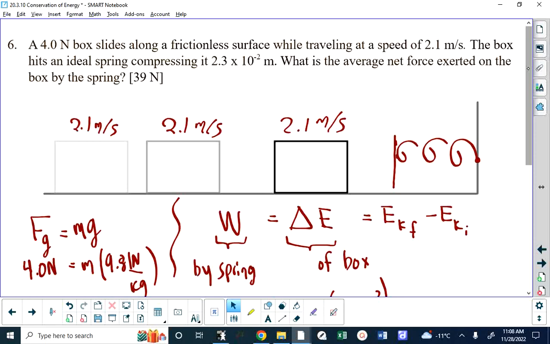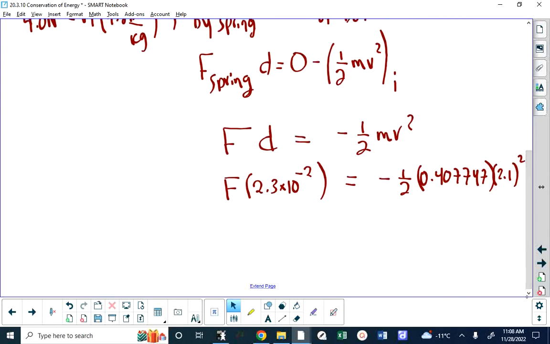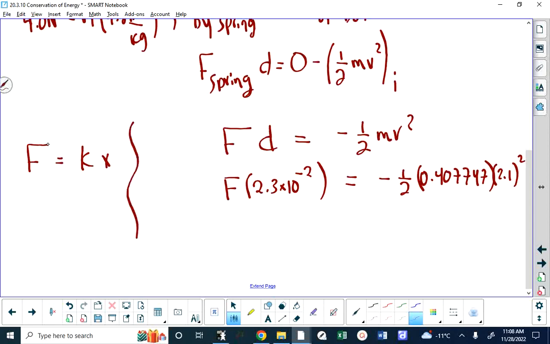If you wanted to find the spring constant, one of the ways you could do it, and that's actually what I thought we were going to be doing, would be to take F equals kx and use the force we find to find k.